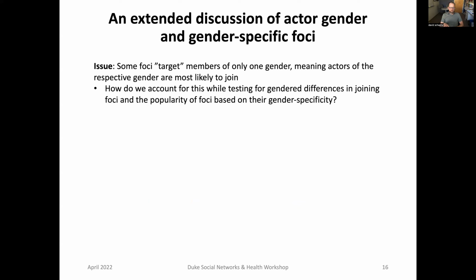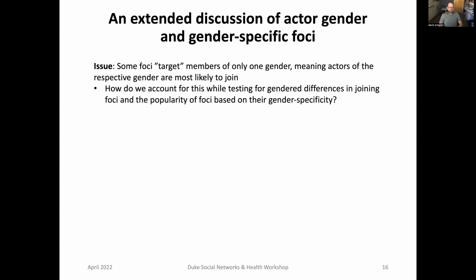There's a men's volleyball team, and then there's a women's volleyball team. Or in high schools, they often call them boys teams and girls teams. Same with soccer, same with most other sports. And so we want to account for this kind of exogenous constraint within our data.